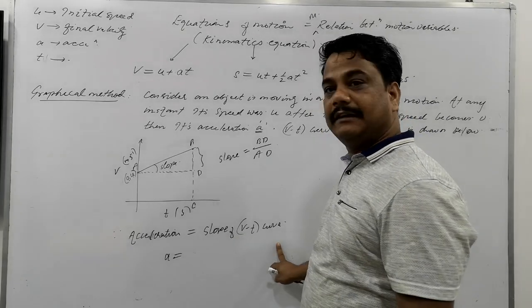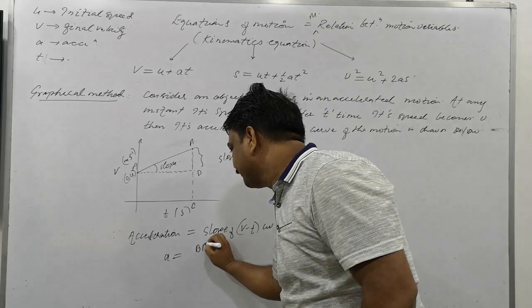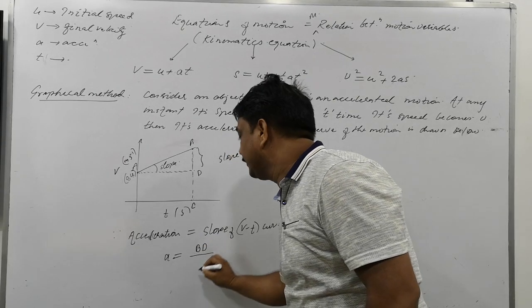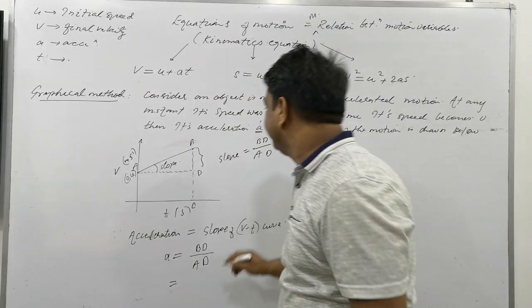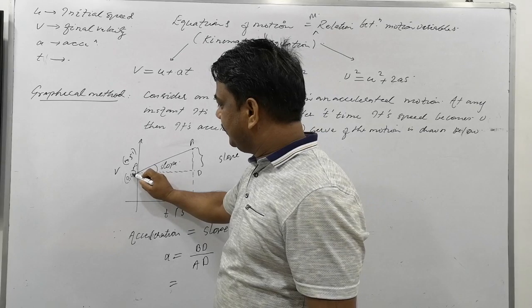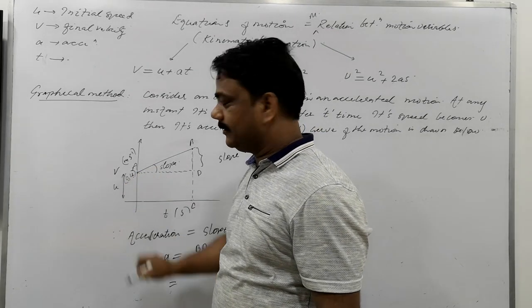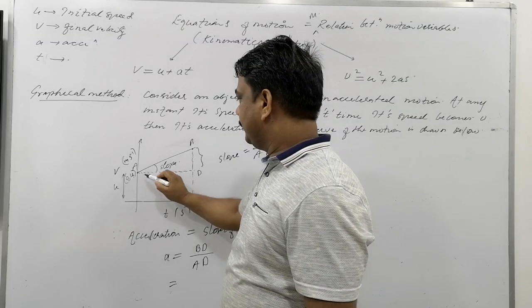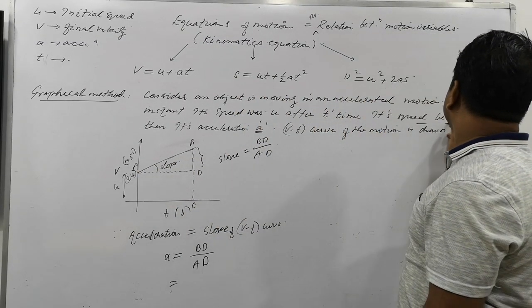So what is the slope of the VT curve? Tell me please. BD upon AD. Tell me, what is BD? See guys, the initial speed was u, and after some time it achieved the velocity v.